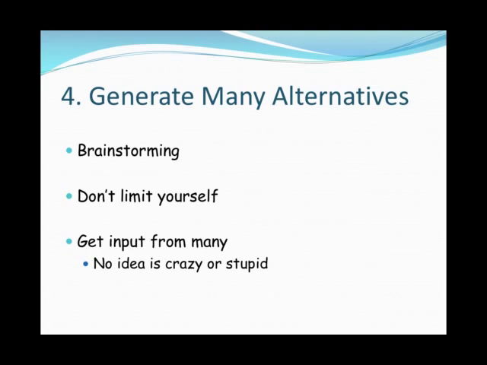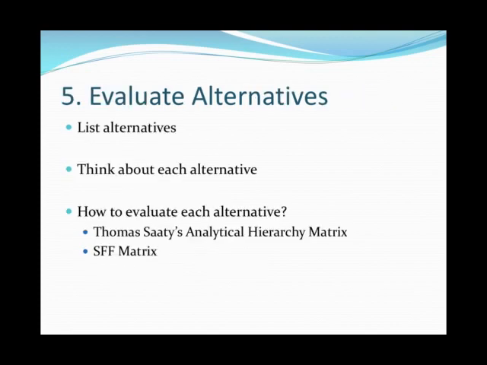And really the main thing at this point is don't limit yourself. Just write down or think or say anything that you need. And this is great in a group, because you can get even more ideas during this time. No idea at this point is crazy or stupid. You want to get all the ideas out there, and then you can choose the best one after that.